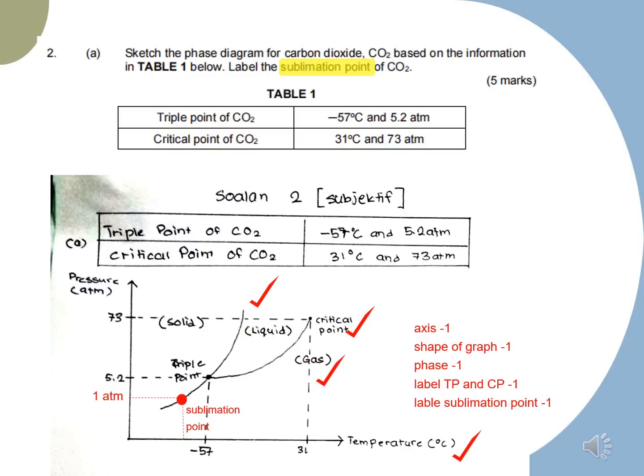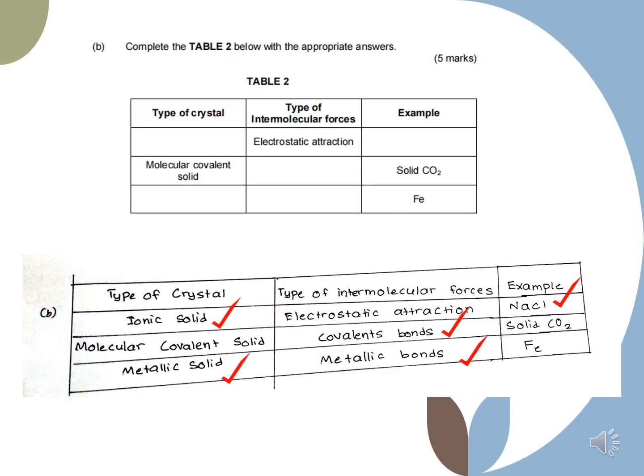this question. Question number 2B, you have to complete table 2 below with the appropriate answers. There are type of crystal, type of intermolecular forces, and example. Number 1 is ionic solid. Type of intermolecular forces is electrostatic attractions, and example is sodium chloride. Number 2, molecular covalent solid.